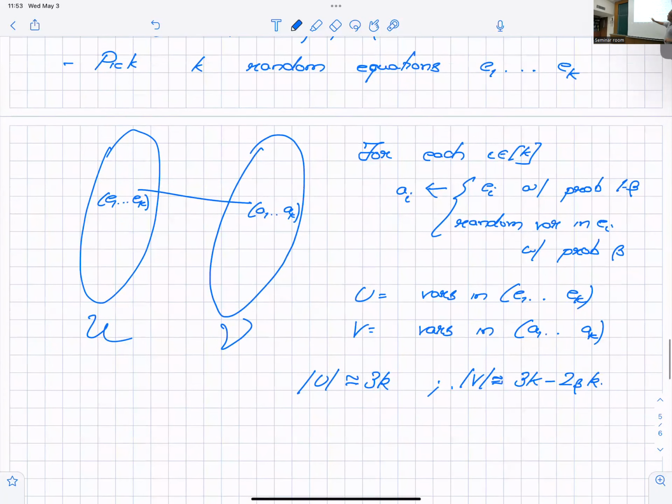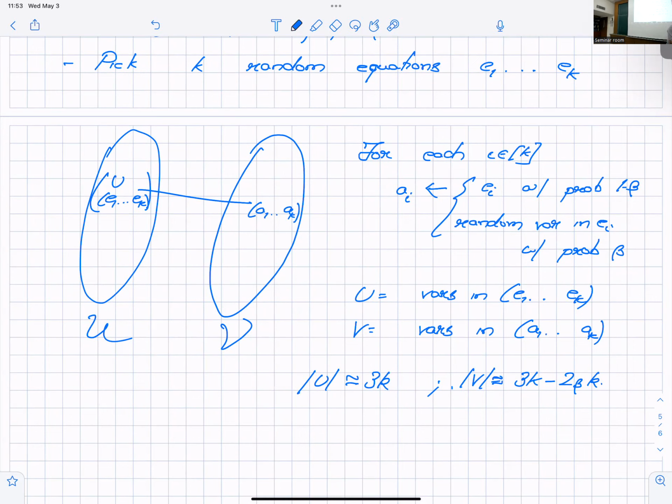So instead of thinking of these guys as E1 to EK, we'll think of it as U comma E1 to EK. It's this tuple. It's U which is setting the variables that are participating in them, and E1 to EK are the K equation constraints that they are satisfying.